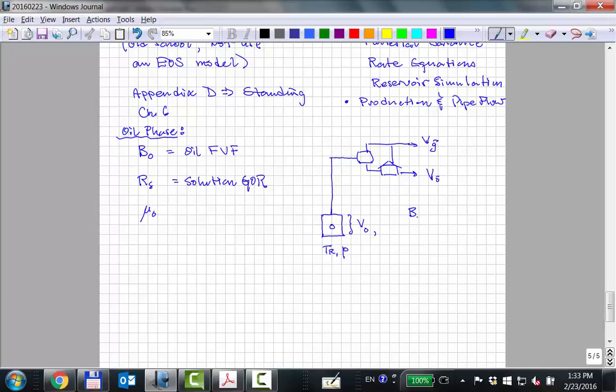So the BO definition is this oil volume at reservoir temperature or whatever temperature and pressure, the starting volume, divided by the final volume that you get at surface conditions through some kind of multi-stage separator process. And the RS is defined as the surface gas volume that you get at the surface divided by the surface oil volume.